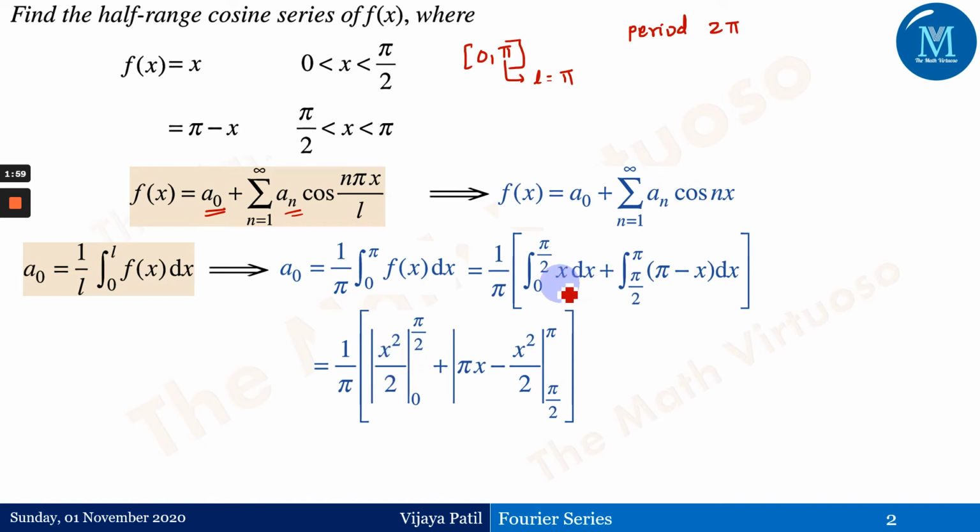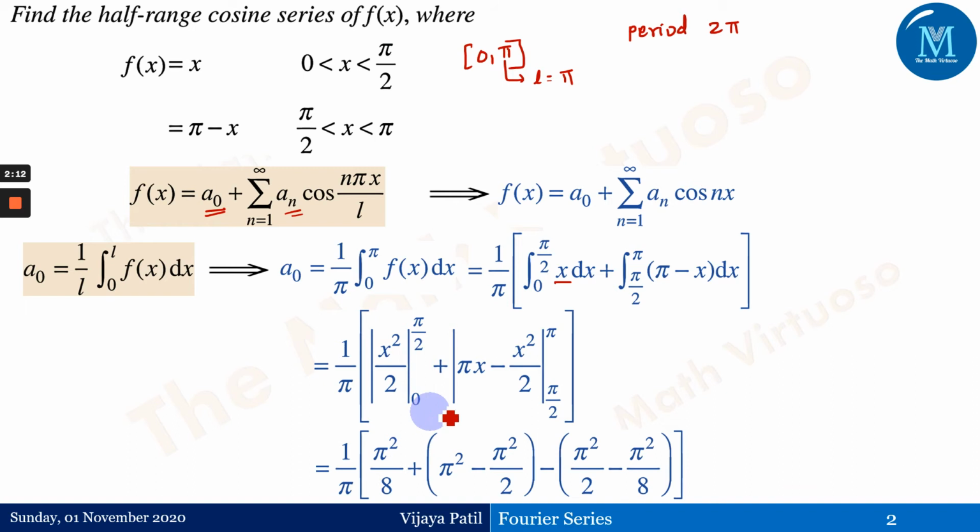The function x will give x square by 2, integrated from 0 to pi by 2, and pi minus x would give pi x minus x square by 2 from pi by 2 to pi. By putting in the upper and lower limits, after simplification, we are going to get pi by 4.